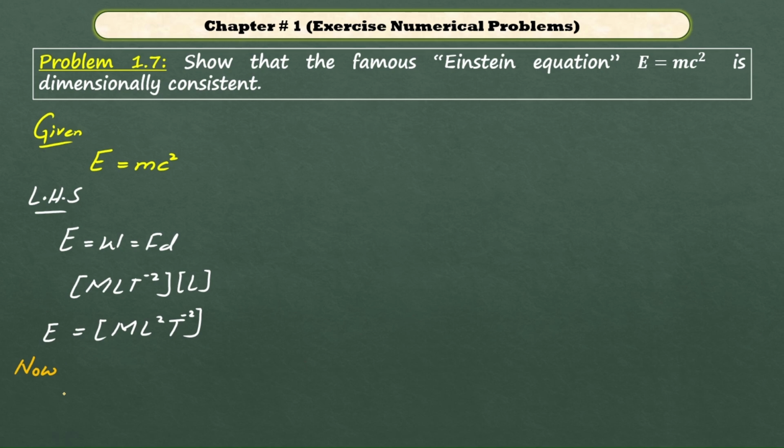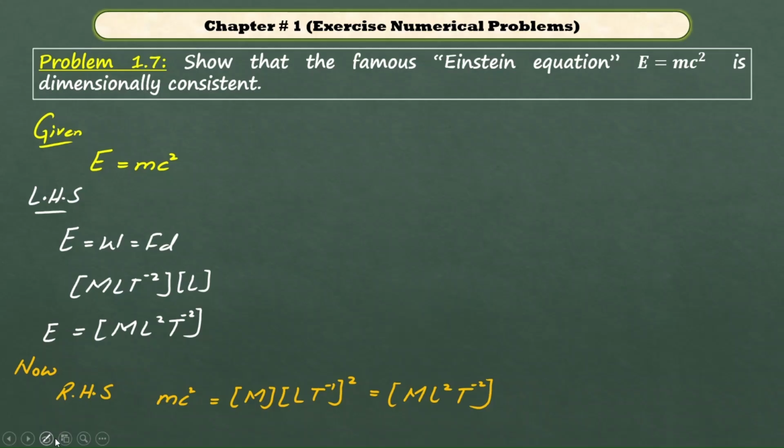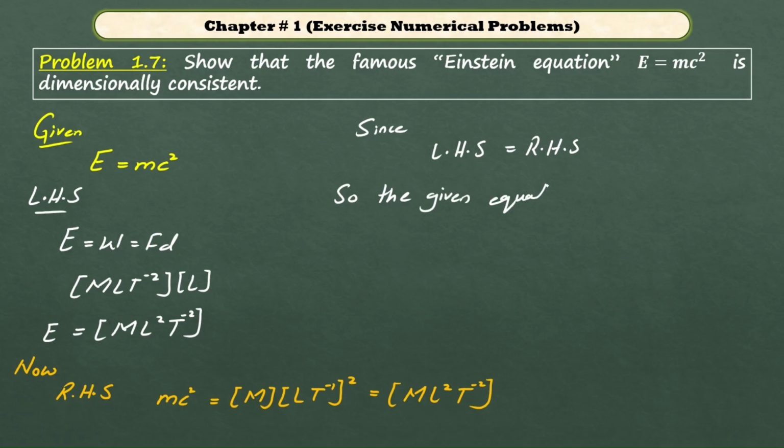Now right hand side mc square, by putting the values of m and c, that is the speed of light, after solving it, it becomes equal to ML square t minus 2. Since left hand side is equal to right hand side, so the given equation, that is Einstein mass energy equation, is dimensionally consistent.